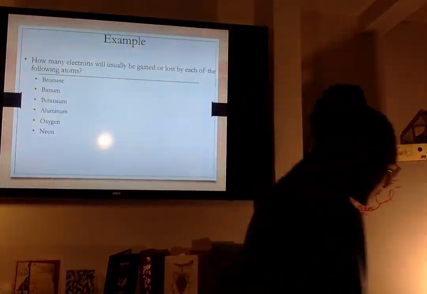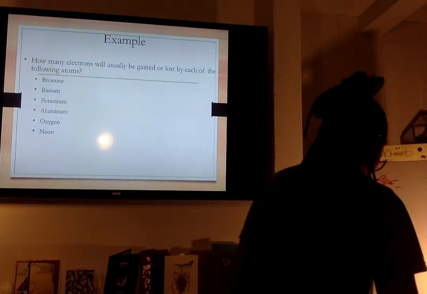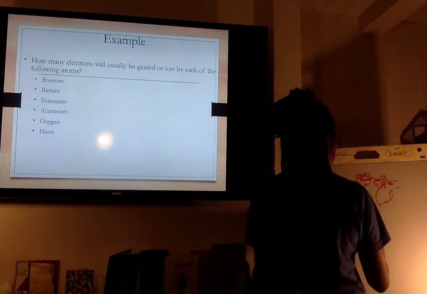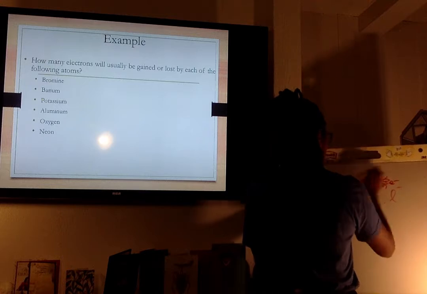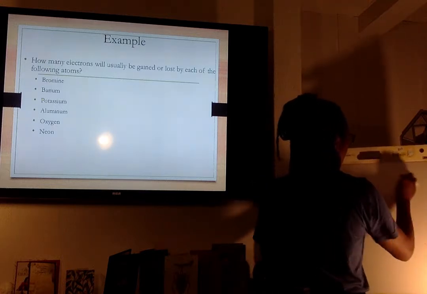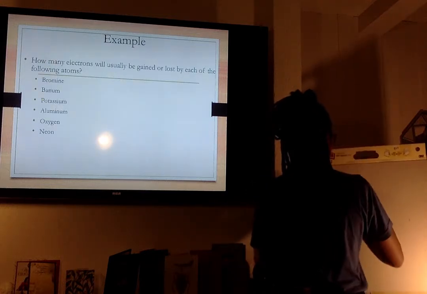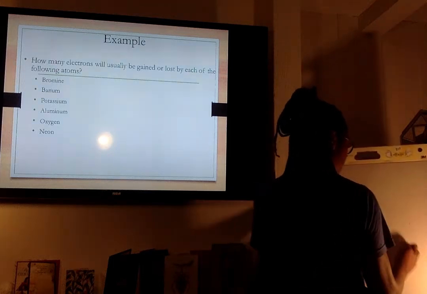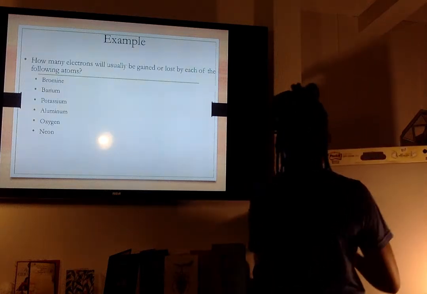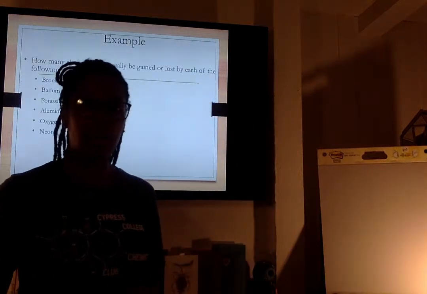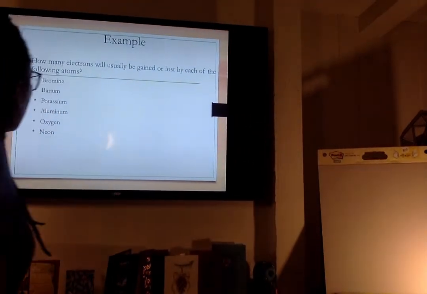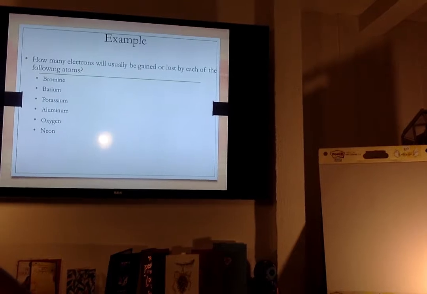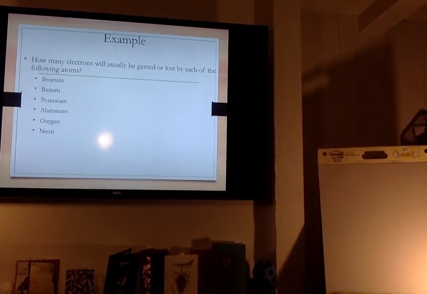So let's do some basic examples that you guys should already know how to do, because we've all gone over naming and we're all fantastic at naming. Okay. So, when we look at these, how many electrons will usually be gained or lost by each of the following atoms?